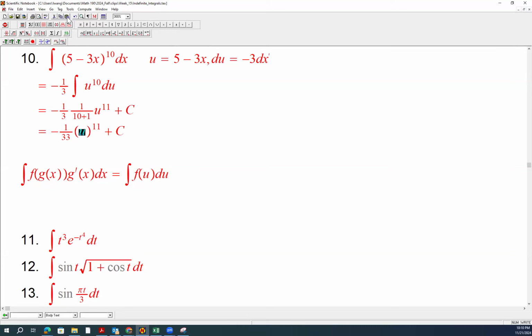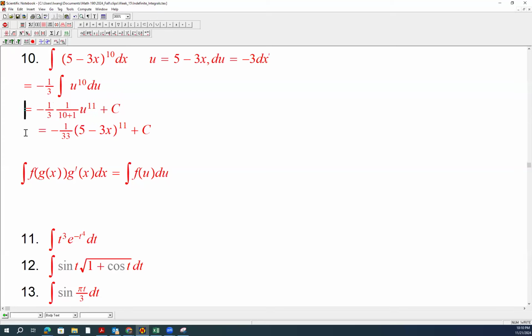You can show more steps, or you can show this condensed step. Okay, so this is a preferred way. We like to see your work. Okay, so there's a nice arrangement of work shown on your paper.